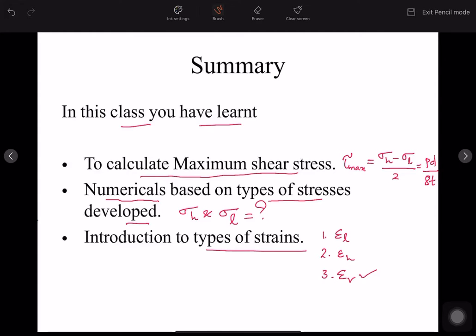So with this I want to conclude this tutorial, and I hope you can solve some more numericals based on calculation of stresses.